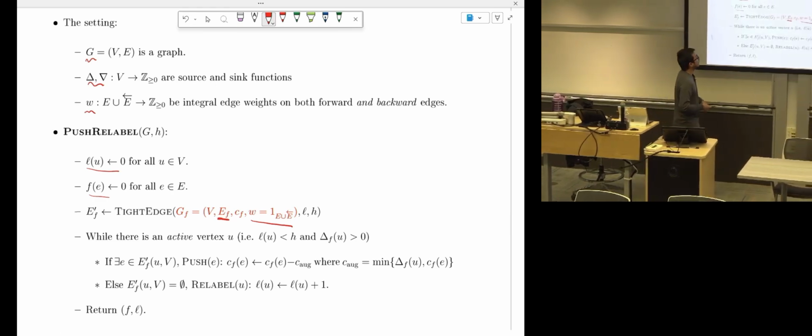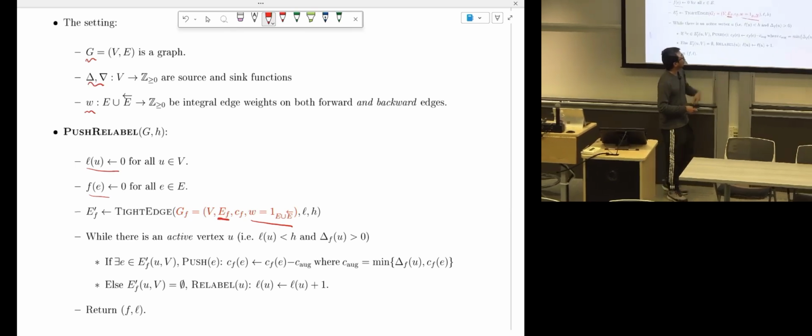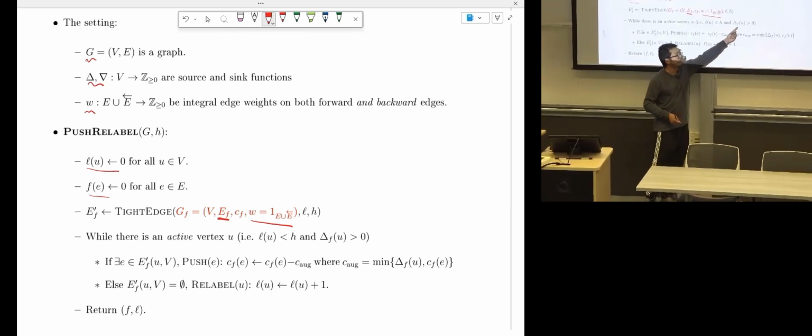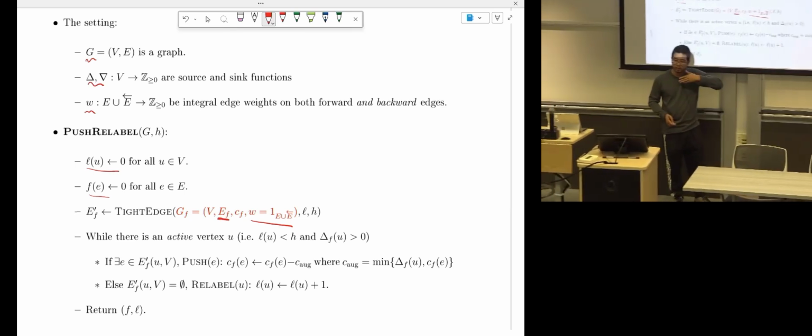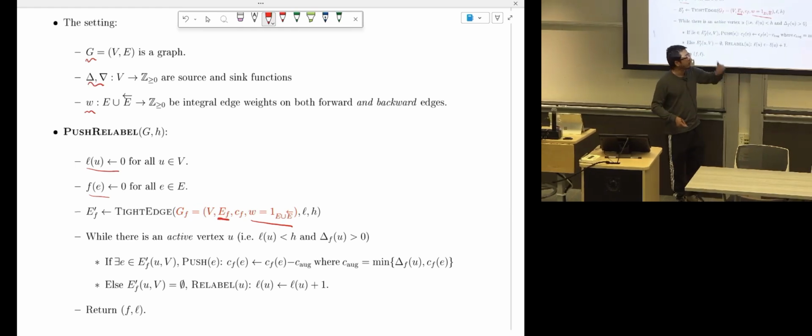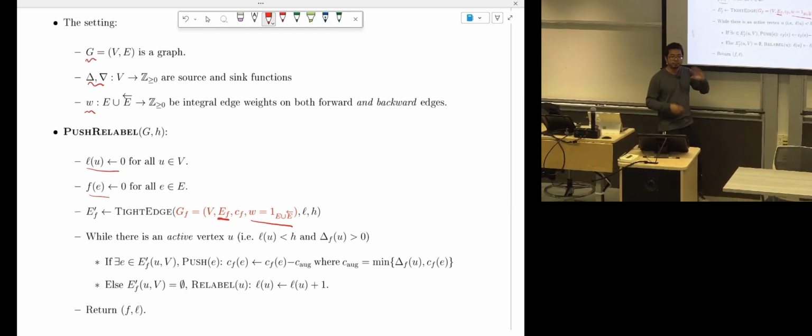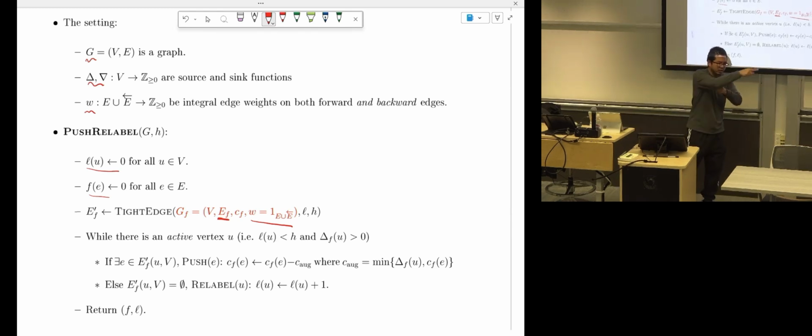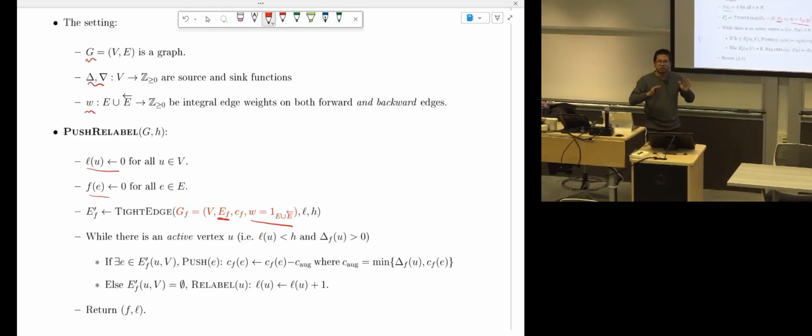And what we do is keep finding a node that is not dead yet and has excess, and either push flow, or if you cannot push flow because there's no active edge out of it, then you increase the level. So try to mentally imagine this process: find a node with excess. If there is some active edge, push. Otherwise, Relabel.